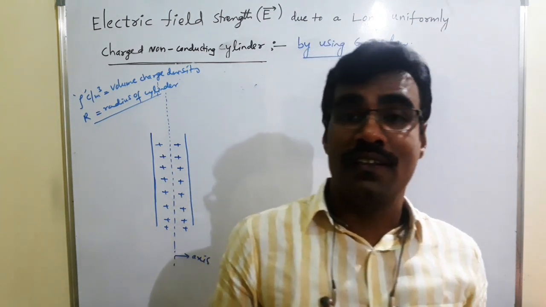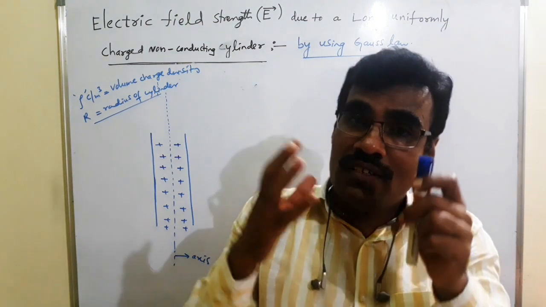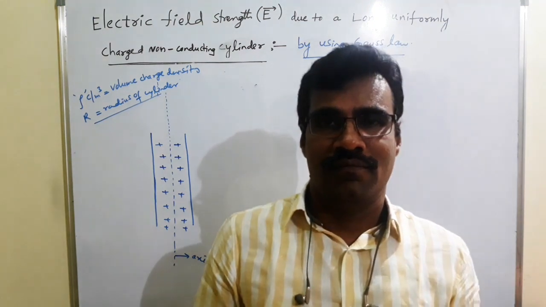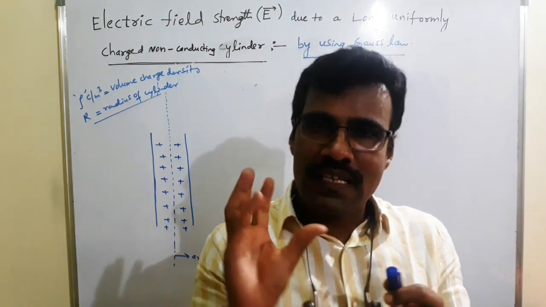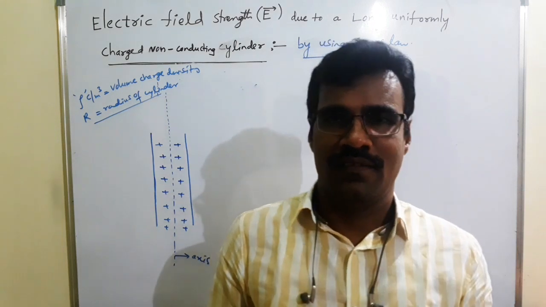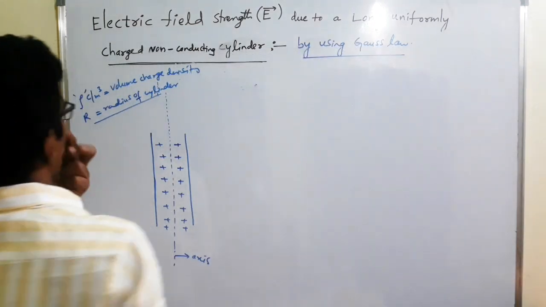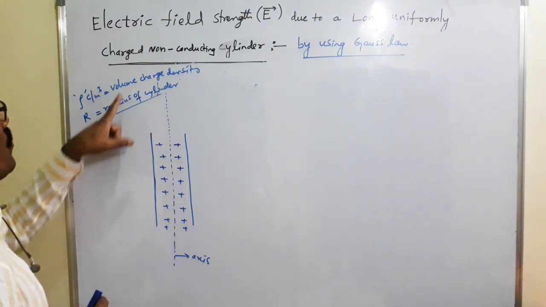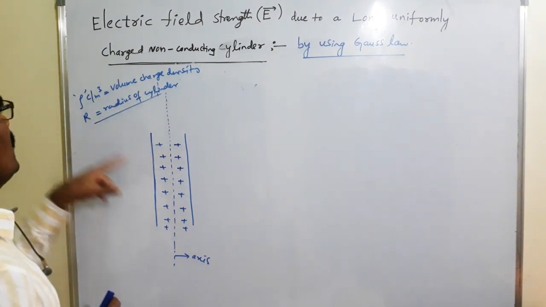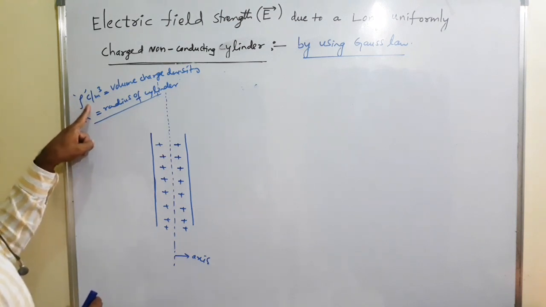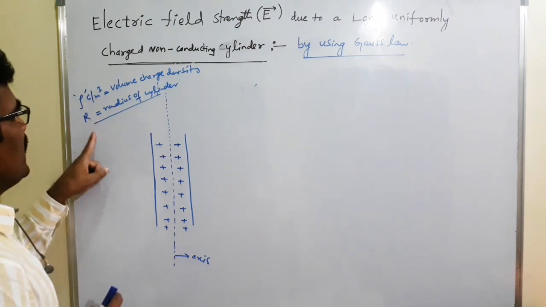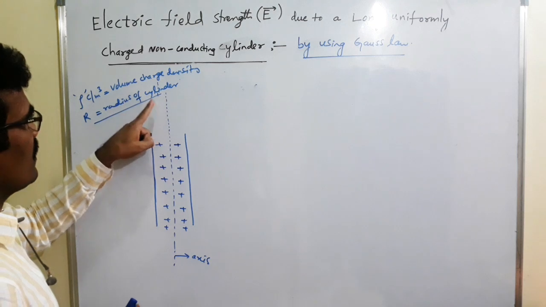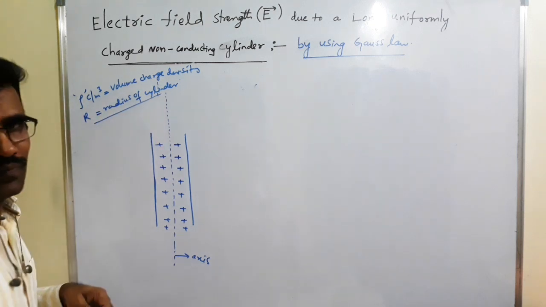For a non-conducting cylinder, the charge inside is also there. The charge per unit volume is known as volume charge density rho, coulomb per meter cube. The radius of the non-conducting cylinder is capital R.